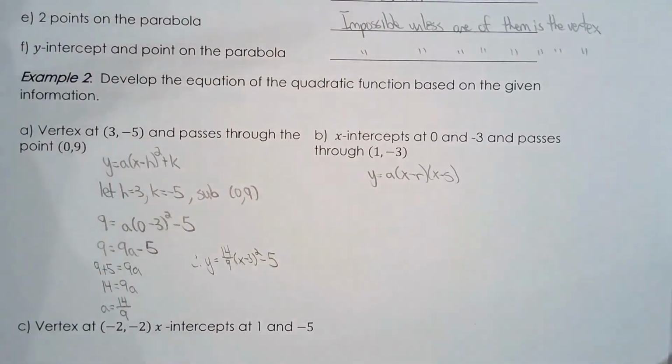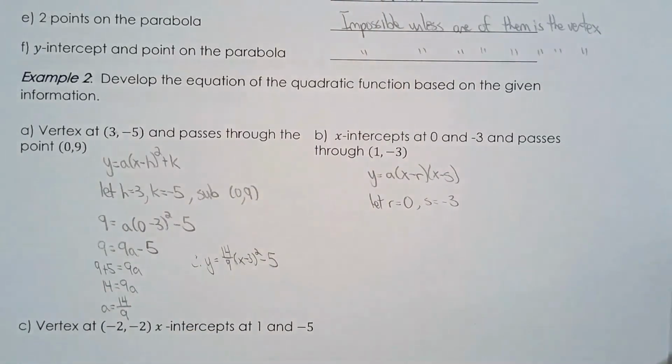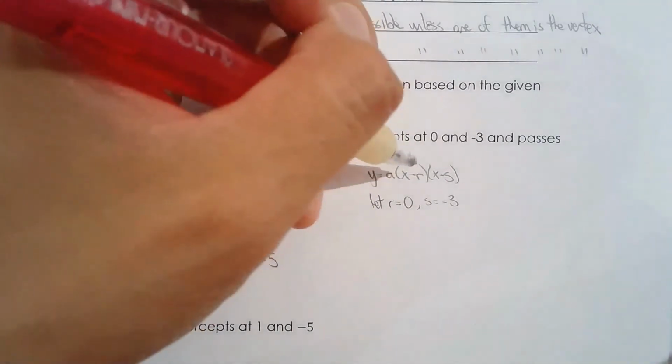I have no clue what the vertex is, so I can't build in vertex form. So let r equal 0, s equal -3. Okay, remember r and s are your zeros, right? So r and s, and sub in the point 1, -3.